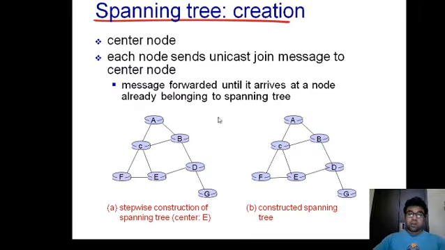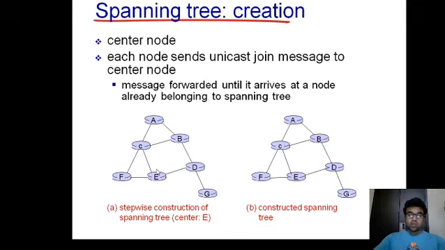So first of all, in the whole network, we need to find a center node, which has reachability to all the other nodes present in that network. Try to find that node, but you can select any node as a center node.